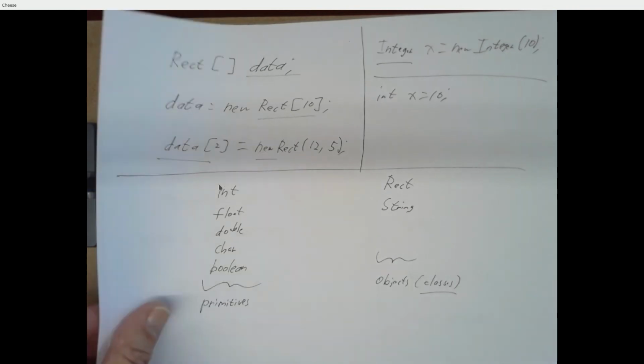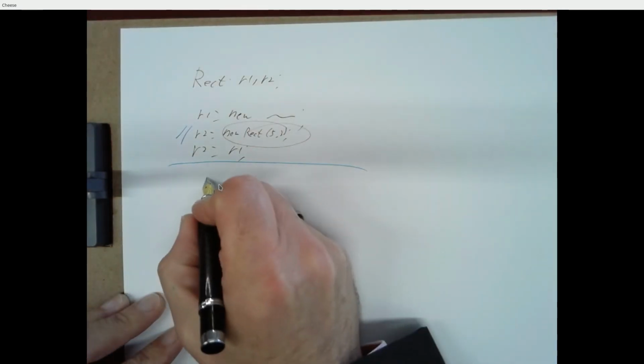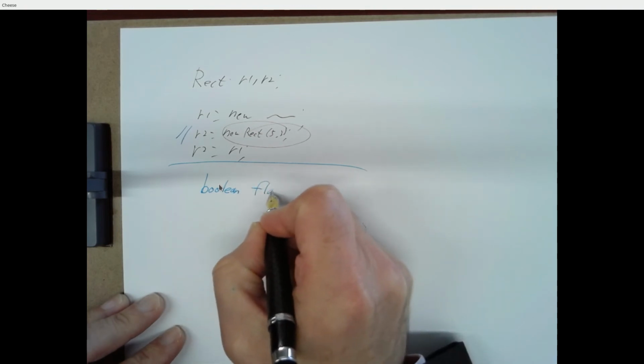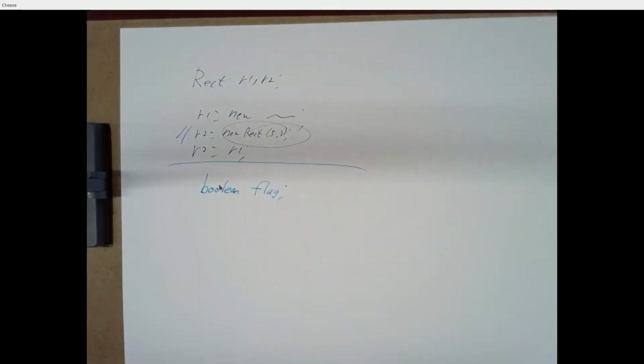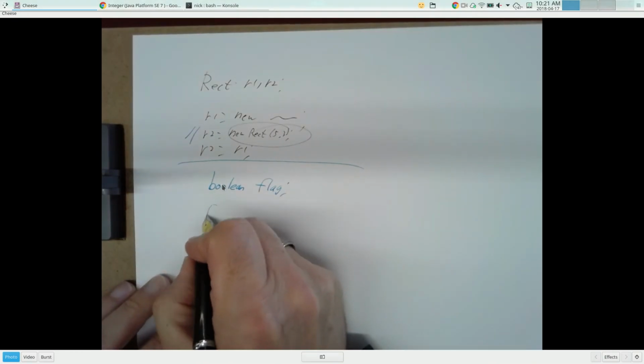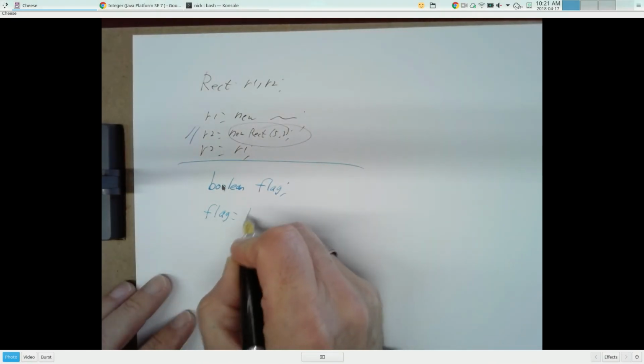And so we can do things like Boolean flag, and now flag can be either true or false. And we could say flag equals true.